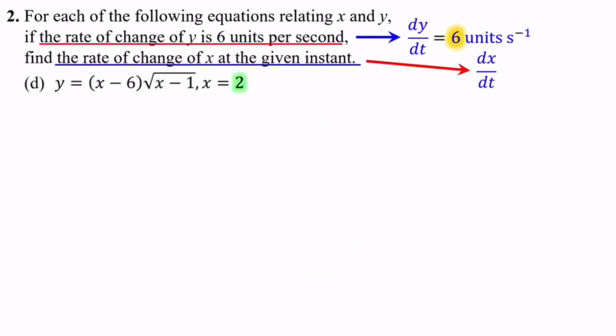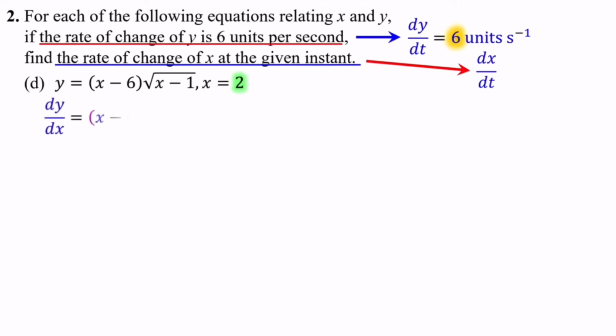So let's proceed to the next question. It will be the same. So rate of change of y is dy/dt equal to 6, and we are asked to find the dx/dt. So let's do dy/dx. This is actually a multiplication, so we need to use the product rule.